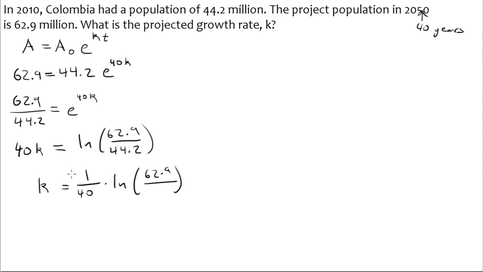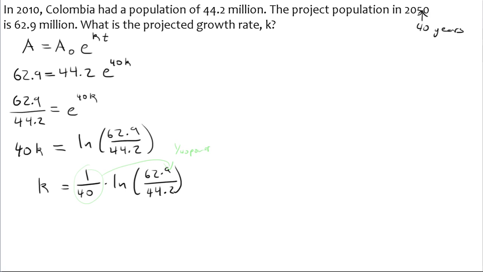I like writing it as a 1/40th out in front. And the reason why you see that is, remember your properties of logarithms? This can come inside there as a 1/40th power if need be. That can get turned into an exponent. So it's nice to write it out in front as 1 over 40 for that reason.